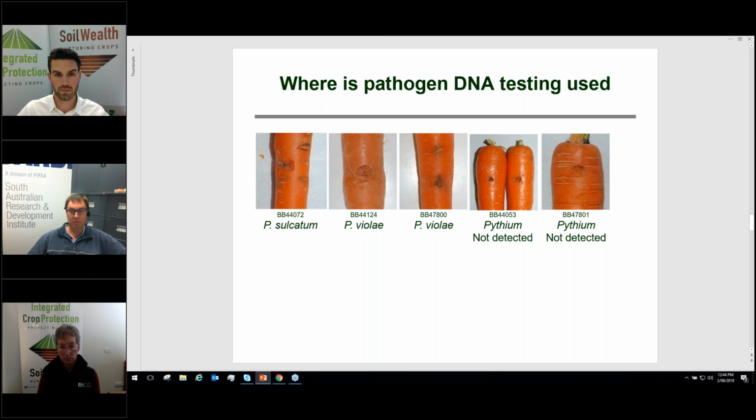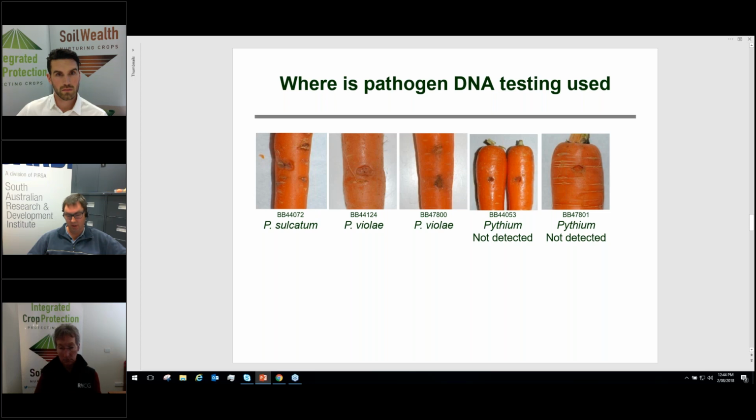For us, it's very important because we're trying to relate it back to pre-plant. For a grower, it's very important because you're going to have a different management strategy, or you're going to go about things quite differently, whether you've got Pythium sulcatum or Pythium violae, right? Then you've got the next one, which could easily be labelled as cavity spot, but in actual fact, whether it's traditional or through our DNA testing, we couldn't get any Pythium out of that.